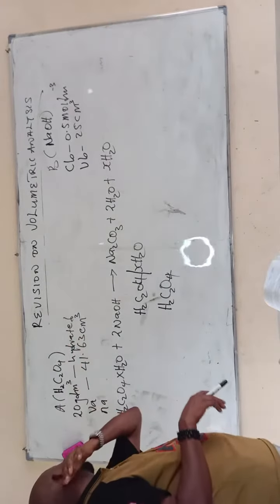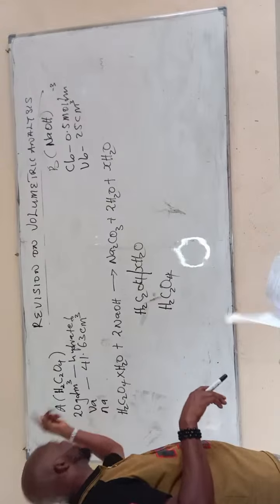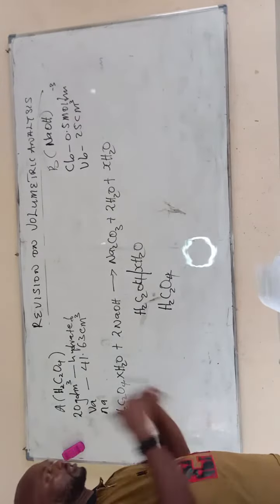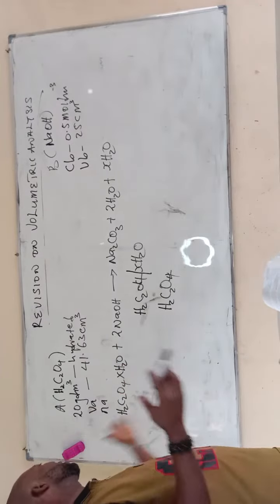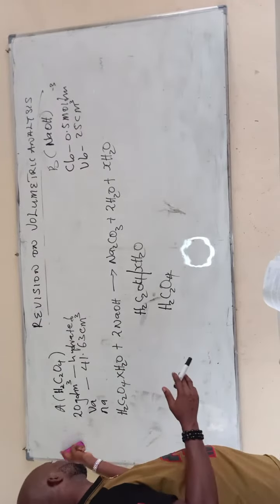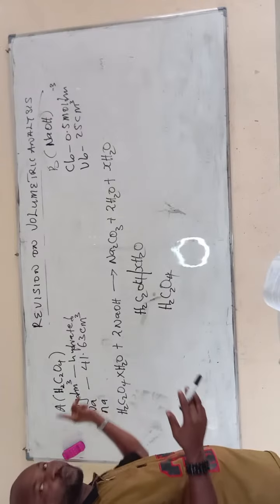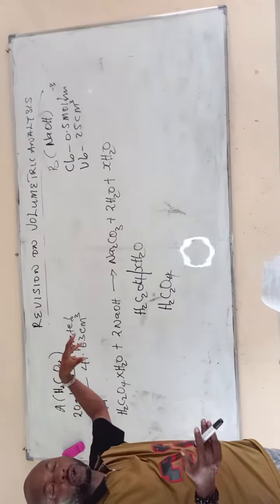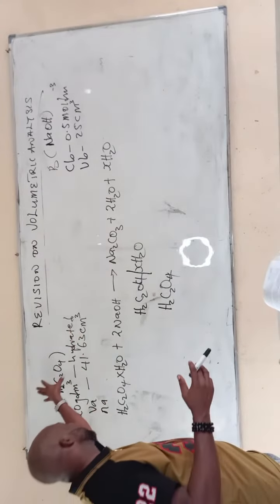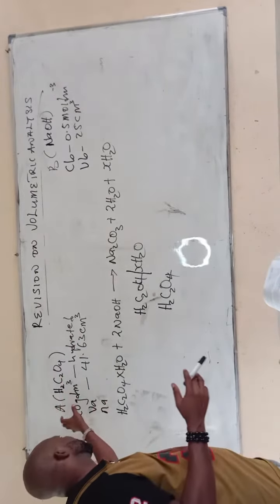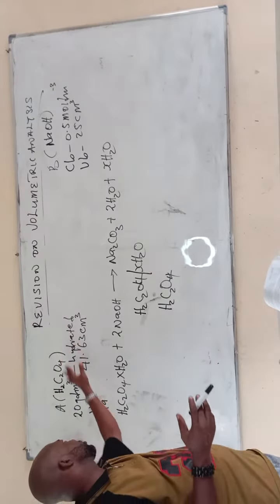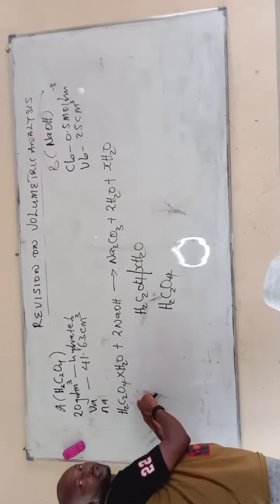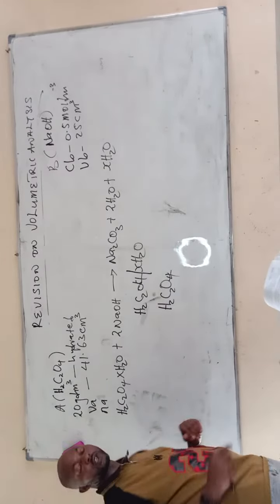We are going to calculate the mass concentration of the anhydrous. So how is all of this going to play out? We are going to get the molar concentration of this and multiply that by the relative molecular mass of the anhydrous, where there is no water. The relative molecular mass of the anhydrous you can get from here. That of the hydrated will be gotten from here because it contains water. Take note of that, it's very important.